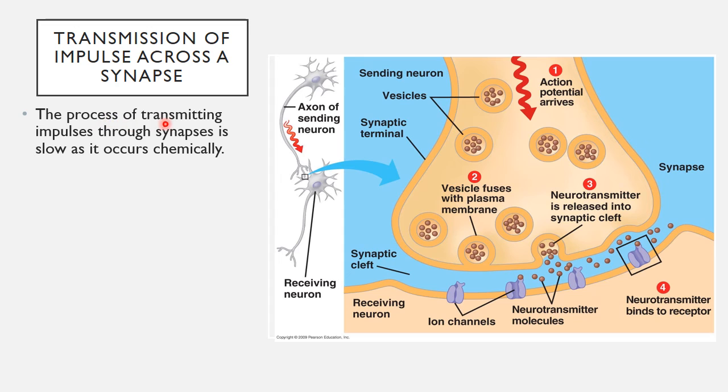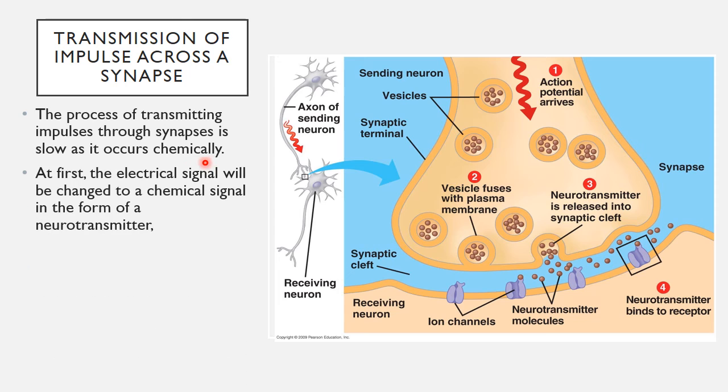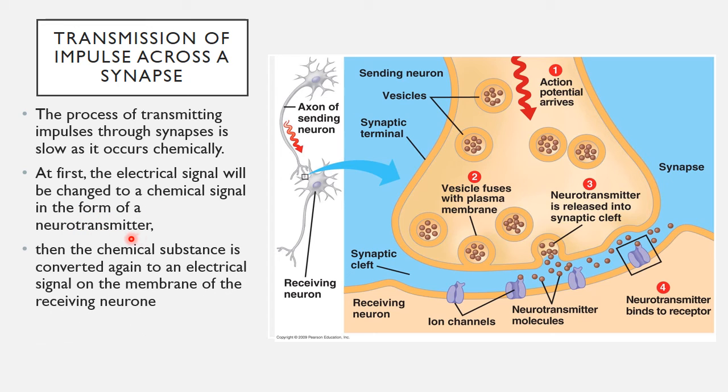The process of transmitting impulses through synapses is slow, as it occurs chemically. At first, pada mulanya, the electrical signal will be changed to a chemical signal, in the form of neurotransmitter. And then the chemical substance is converted again to an electrical signal on the membrane of the receiving neuron.